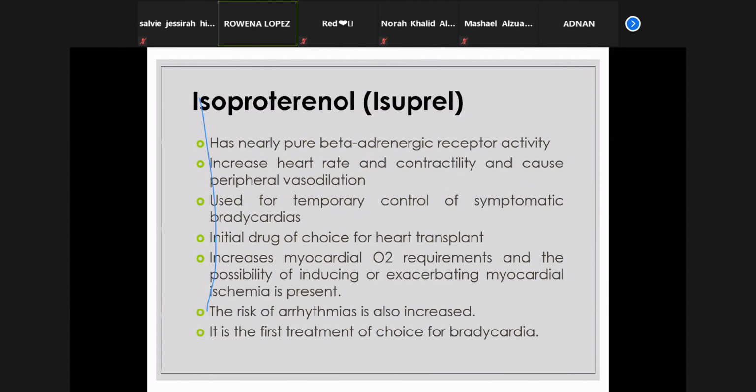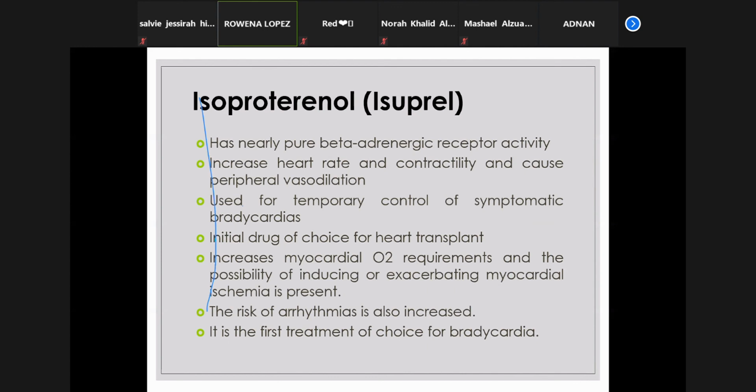So we also have isoproterenol. It has beta-adrenergic receptor activity. It increases heart rate and contractility and causes peripheral vasodilation. If there is peripheral vasodilation, of course, the blood pressure decreases. It's used for temporary control of symptomatic bradycardias, and as the initial drug of choice for heart transplant.